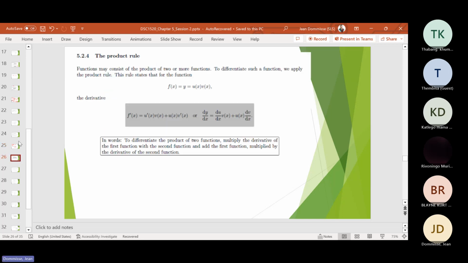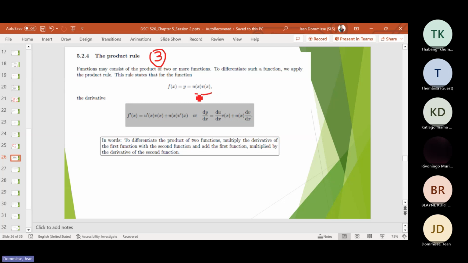Okay, so that was the chain rule that we used. The third rule that we're working with is your product rule. For the product rule, we will get to an example now as well.